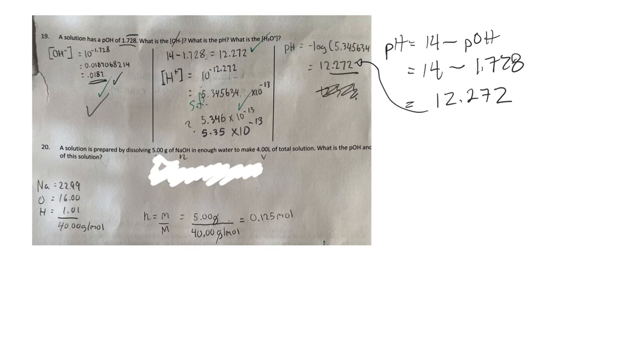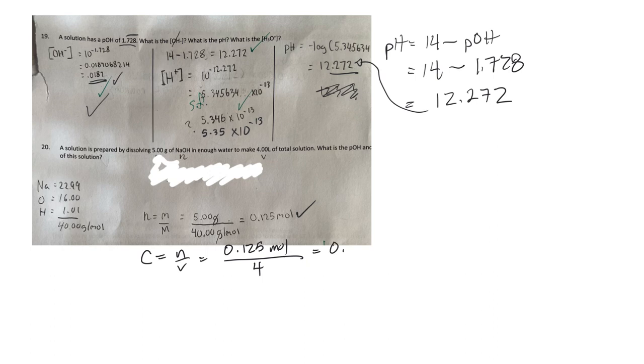Okay, good. And then on this last question, they give you 5 grams of sodium hydroxide in 4 liters. So first find moles of sodium hydroxide. Good. Then let's find the concentration of sodium hydroxide. So that'd be your moles divided by your volume, which is 4.